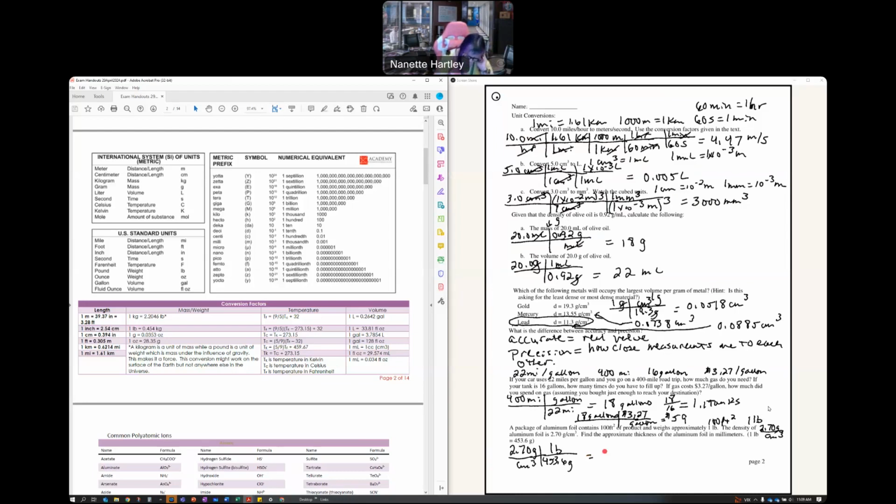And that tells me that it's 0.00595, 3 sig figs that I'm reporting, pounds per centimeter cubed. Okay. All right, pounds per centimeter cubed. Find the approximate thickness.